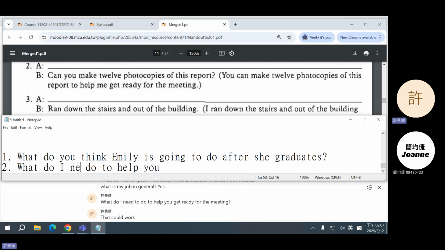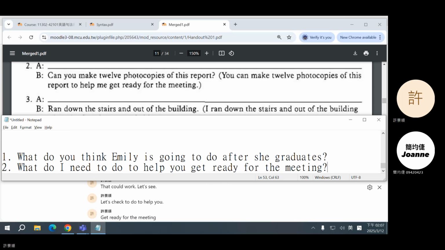Let's check. To do to help you get ready for the meeting. Right. So the answer doesn't include get ready for the meeting. This is part of the question. What do I need to, yeah, what do I need to do? This is the action, and then to help you get, that could work.